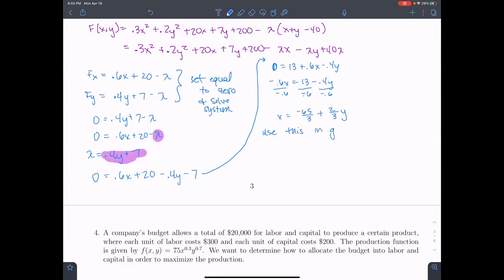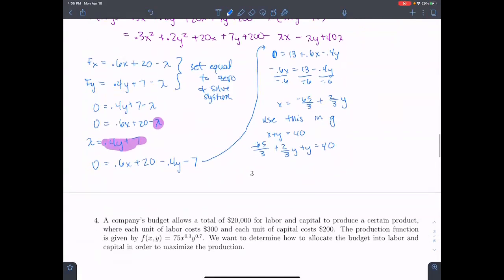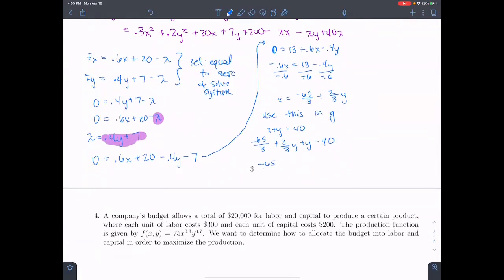So we have x plus y minus 40 is 0, so x plus y is 40. So we have negative 65 thirds plus 2/3 y, plus y is 40. What if I just multiply everything by 3?